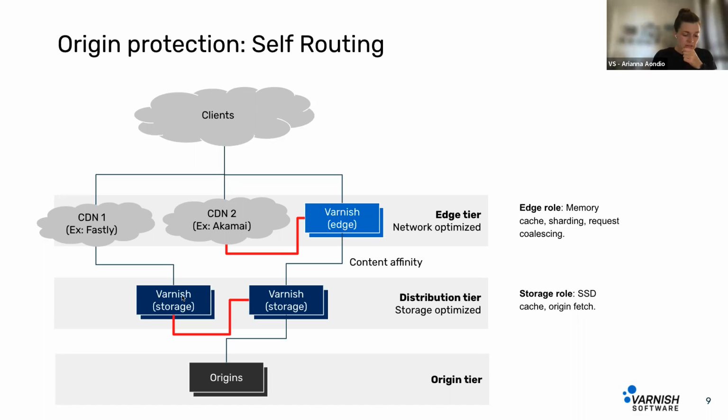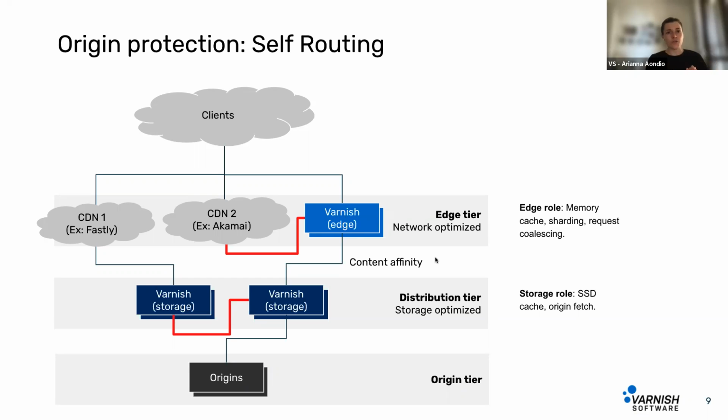And just an example, if we have a set of clients requesting URL number 1, then all these clients will be distributed over the three different CDNs we have. So suddenly CDN 1, CDN 2, and Varnish CDN will see the URL number 1 requested by clients. And we don't really want the three CDNs to just send requests randomly to other nodes. We want to have content affinity in place.